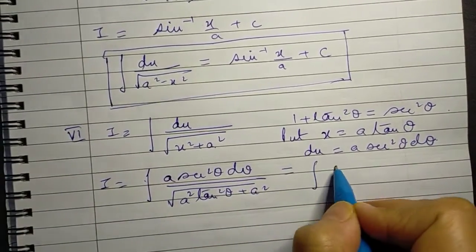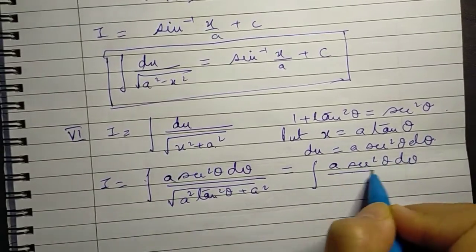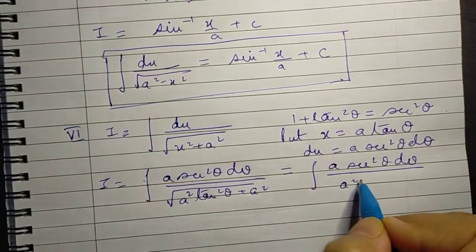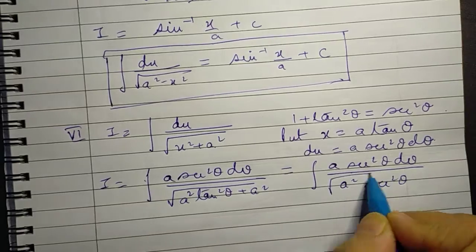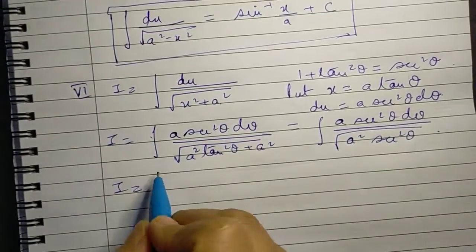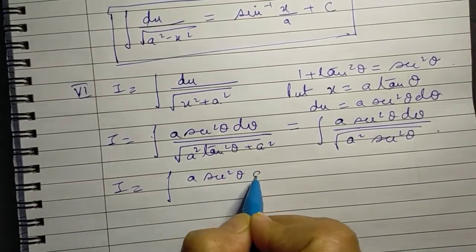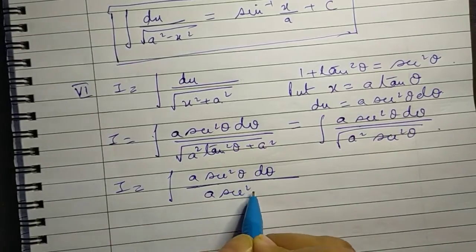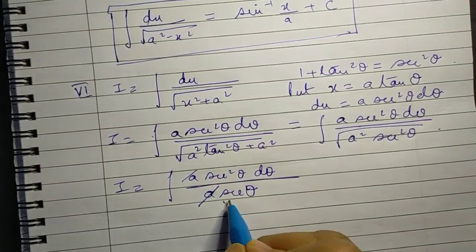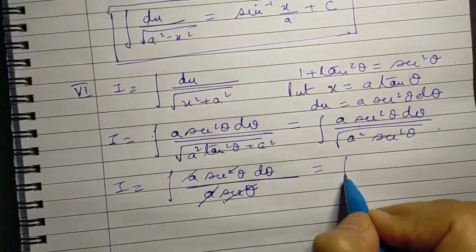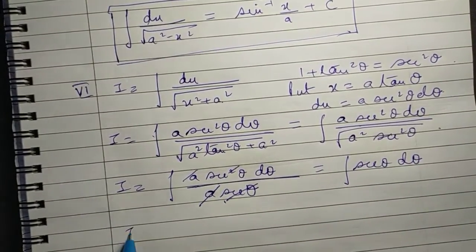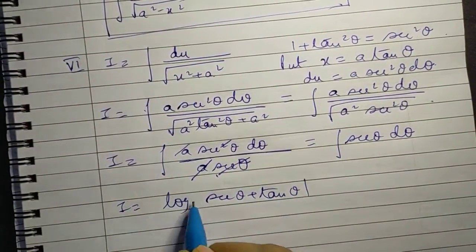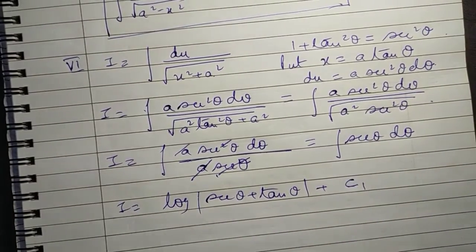Then proceeding exactly as above, a squared is taken common, tan square theta plus 1 is sec square theta, whole under root, and this comes out to be the integral of a sec square theta d theta whole upon, after taking the square root, a sec theta. Now a gets cancelled, one sec gets cancelled, we are left with sec theta d theta, whose integral is log of sec theta plus tan theta plus a constant, let's write it as C1.